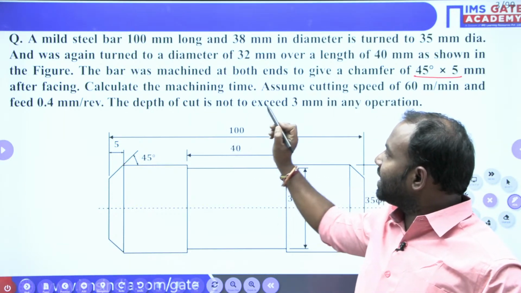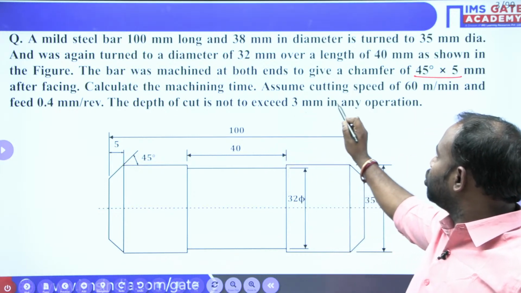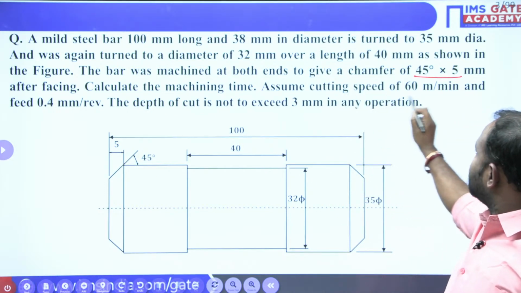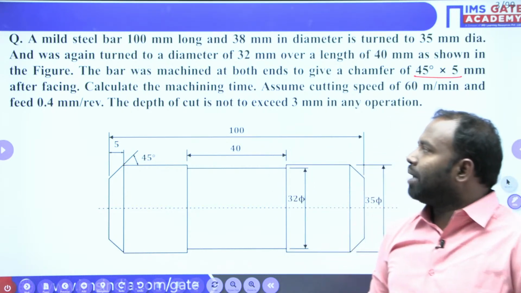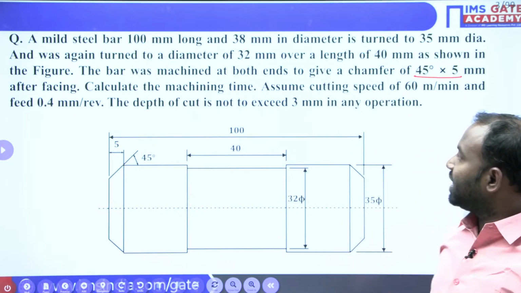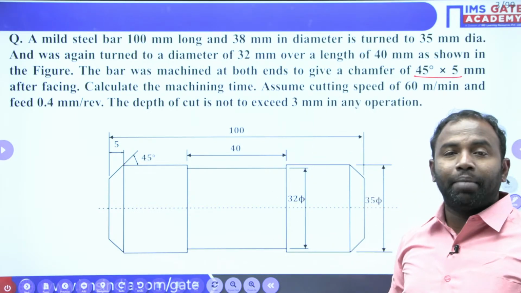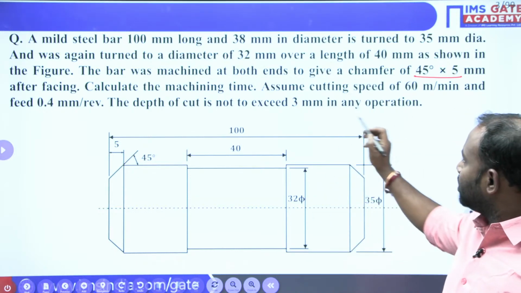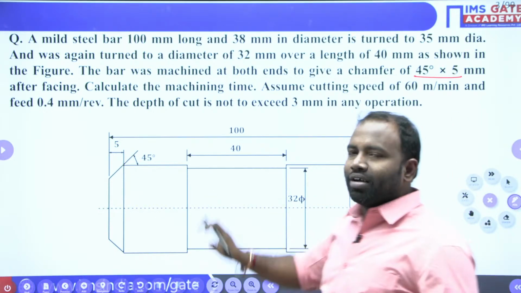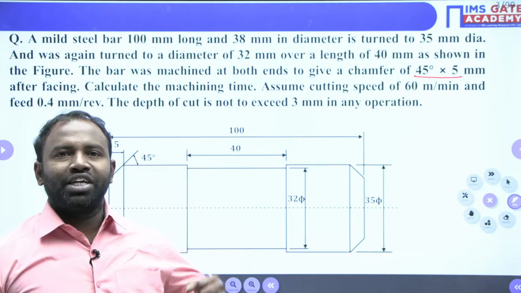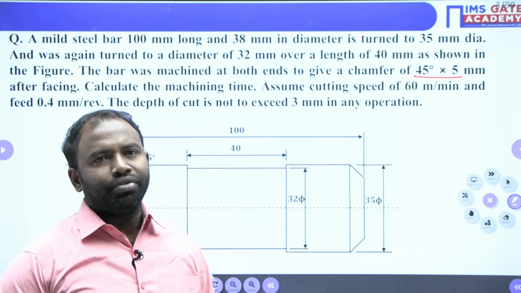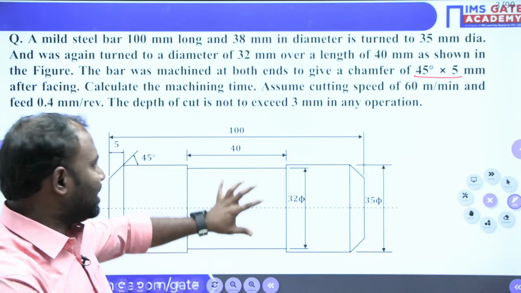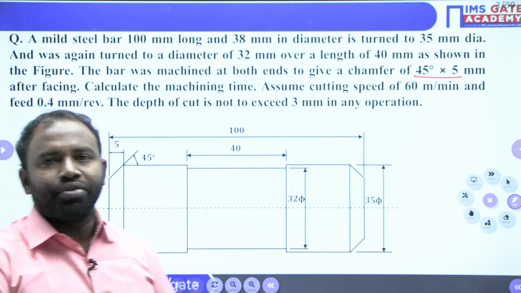After facing, calculate the machining time assuming cutting speed is 60 meters per minute, feed rate is 0.4 mm per revolution, and depth of cut does not exceed 3 mm in any operation. Here turning, chamfering and facing operations are involved. For all these operations, how much machining time do we have to calculate?